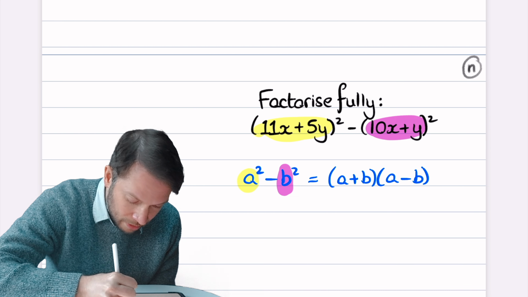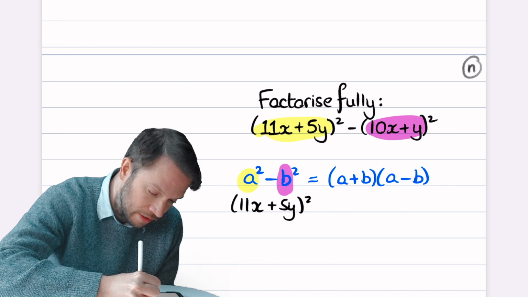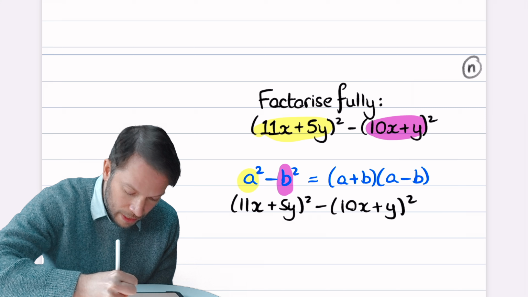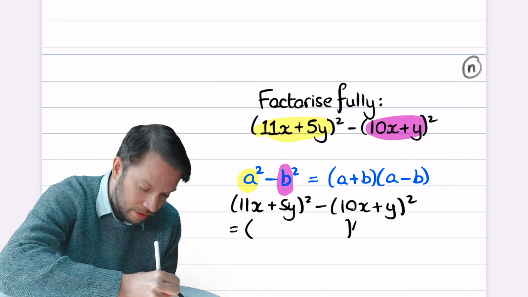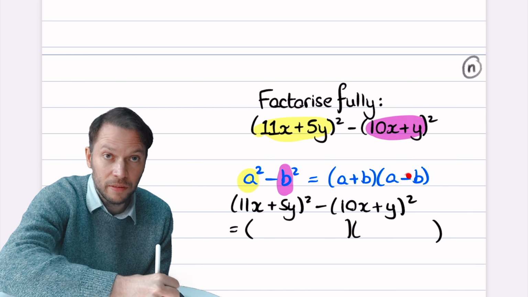So let's just copy it out. 11x plus 5y squared minus 10x plus y squared. That's going to factorise with two brackets. You can see that we factorise with two brackets with a plus in the middle of one of them, minus in the middle of the other.